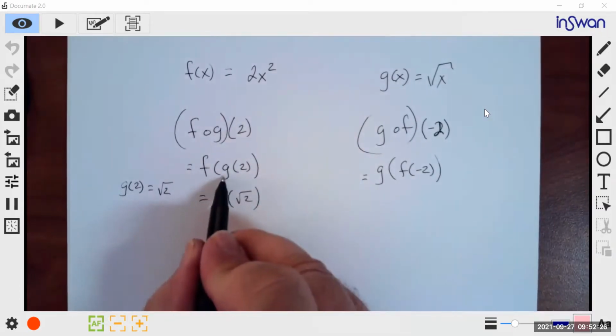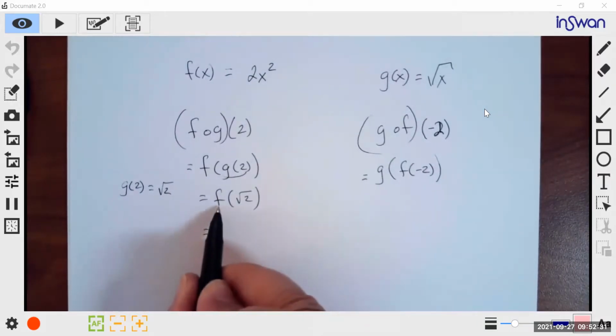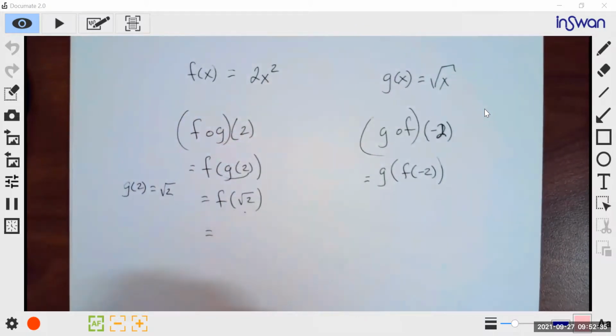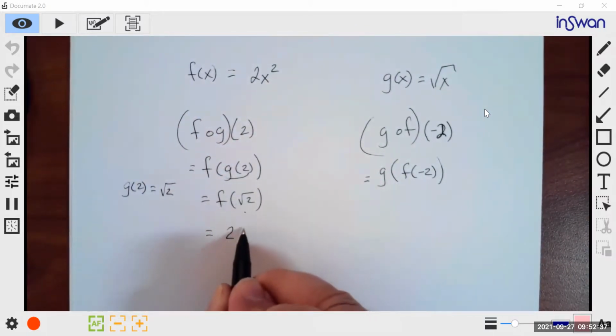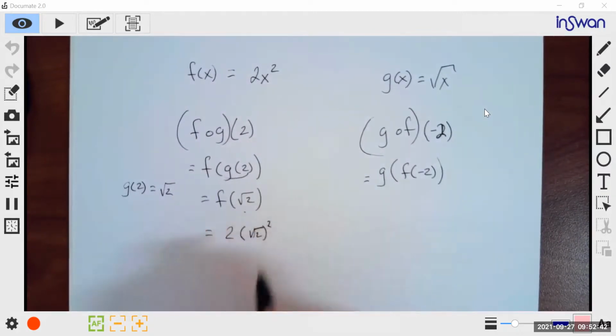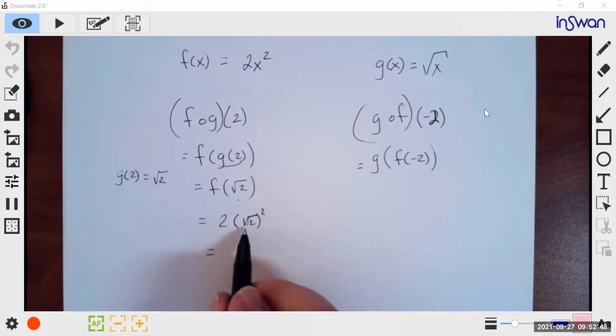So we have to first find this value, then plug that into the function. Now go to the f function, anywhere you see x, put a square root of 2. So 2 times square root of 2 squared. What is square root of 2 squared?